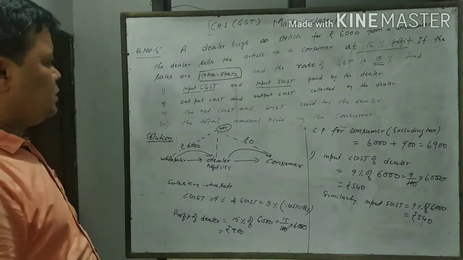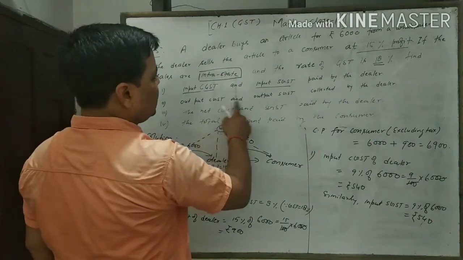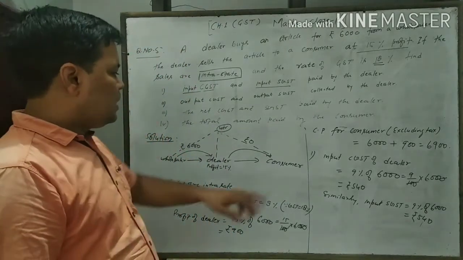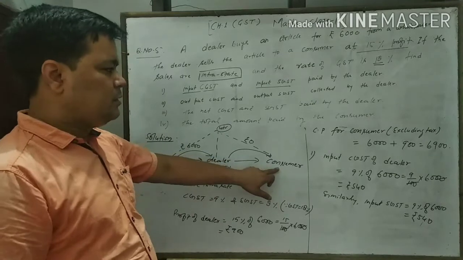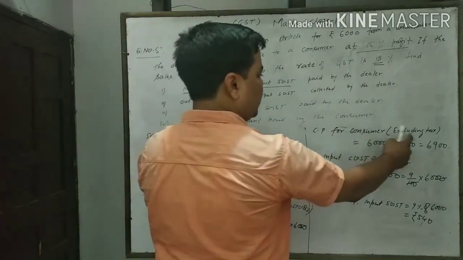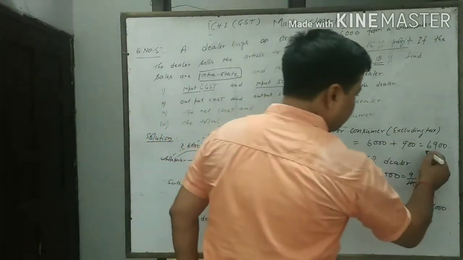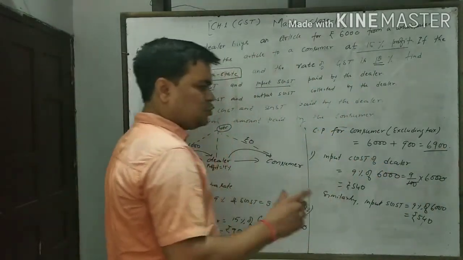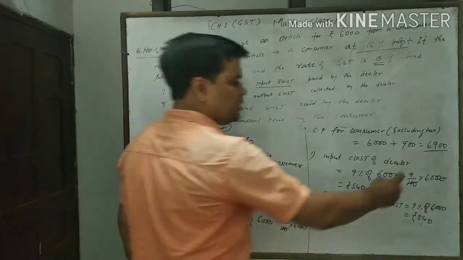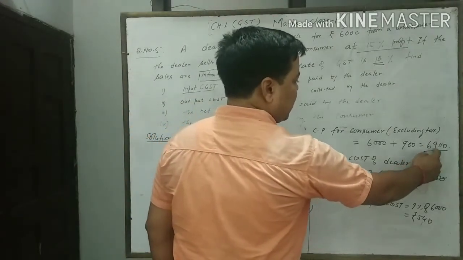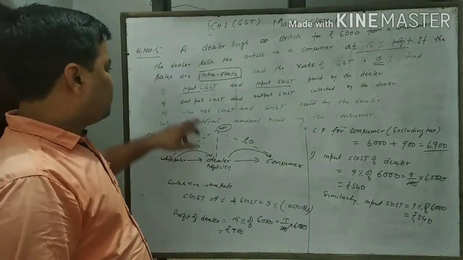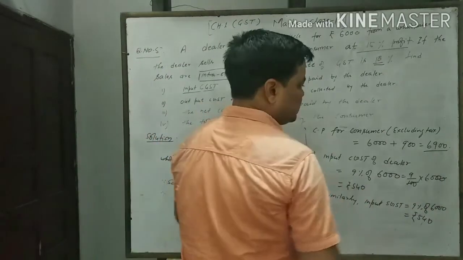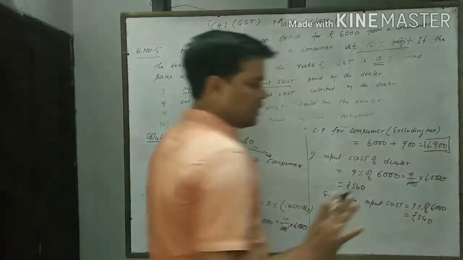Now the next question, output CGST and output SGST collected by the dealer. Since the cost price for the consumer excluding tax is how much? That is 6,900 rupees, and consumer has to pay tax on this 6,900 also. Therefore output CGST will be calculated on this amount 6,900. Getting?